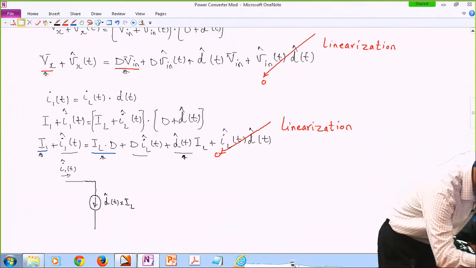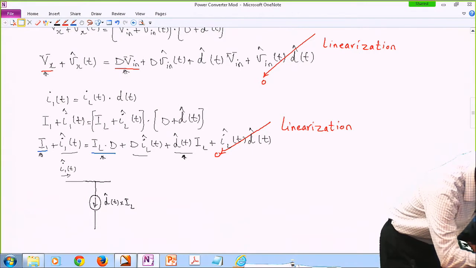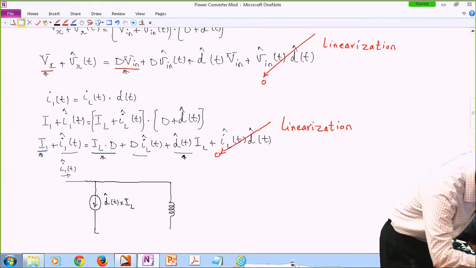Again, I'm going back to the bad habit of using a transformer. This is going to be this current.